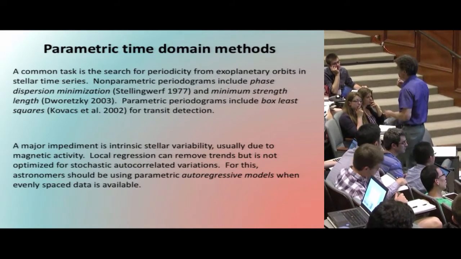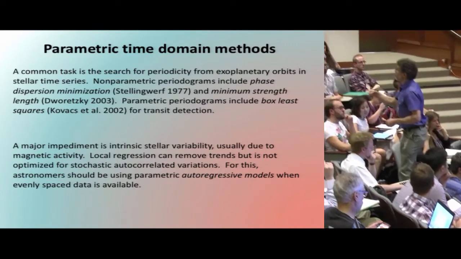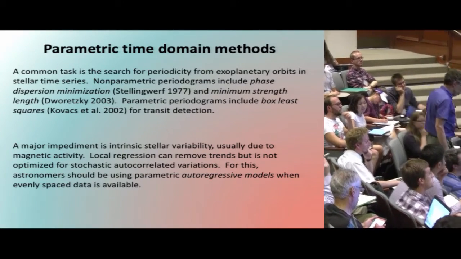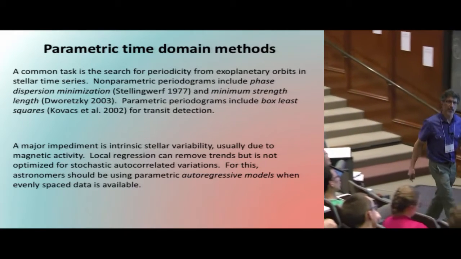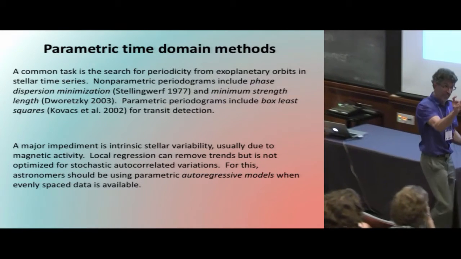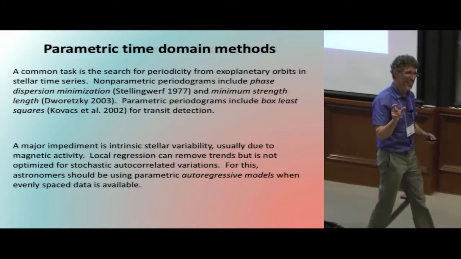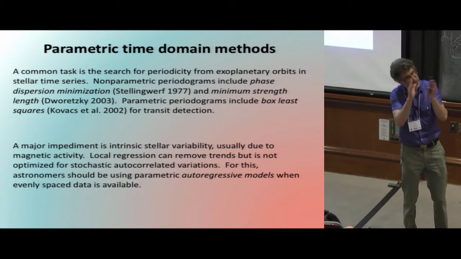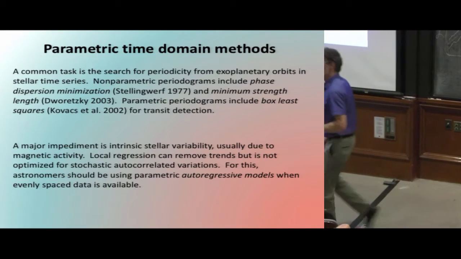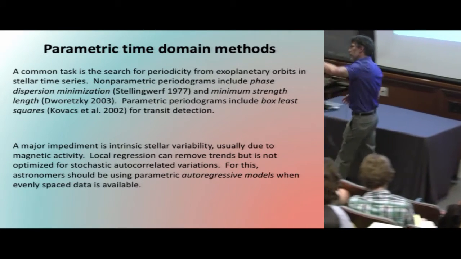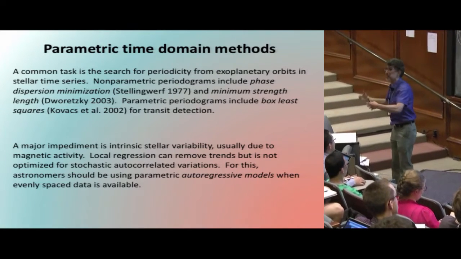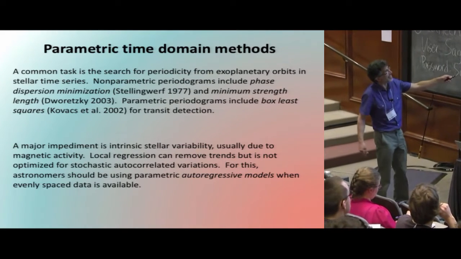The advantage of this particular non-parametric periodogram is that it treats well non-sinusoidal shapes, like eclipses, like short-duty cycle eclipses, and other things like elliptical orbits where most of the signal is concentrated in a small fraction. Because a Fourier analysis requires a sinusoid to be most efficient. It's looking for sine waves, and PDM is looking for anything.